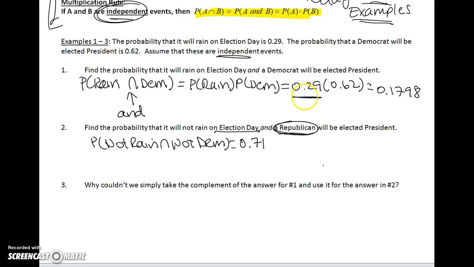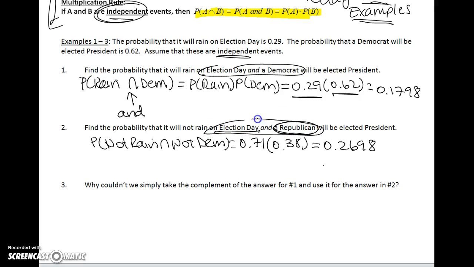If it's raining is 0.29, then not raining would be 0.71. Similarly, a Republican winning would be 0.38, because that would be not Democrat. So 1 minus 0.62 to give you 0.38. And that equals 0.2698.